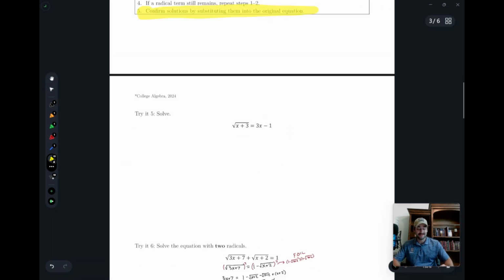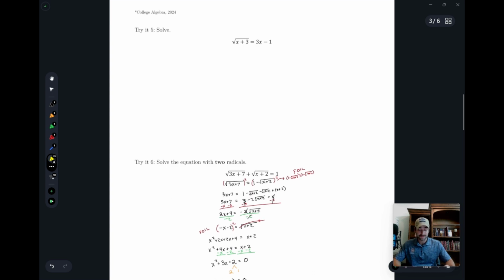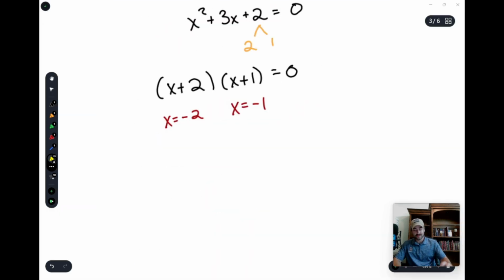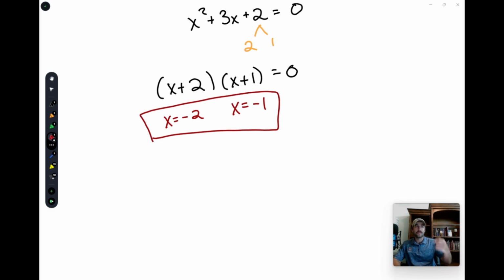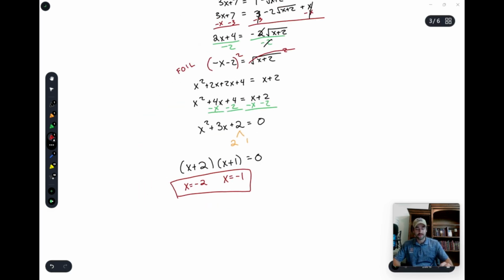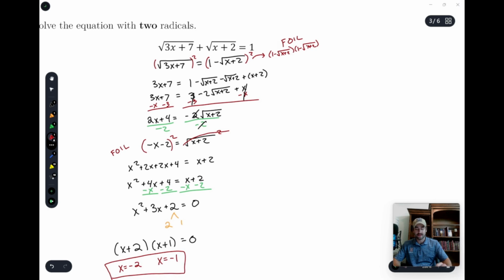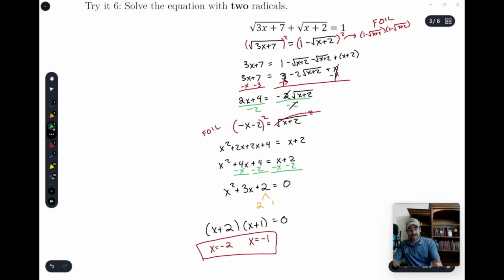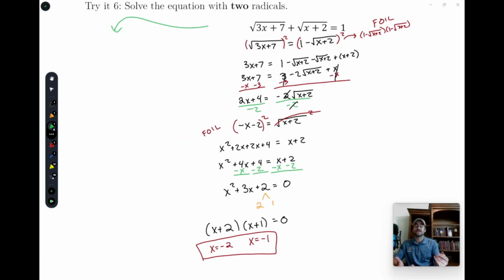And in that case, we cannot have that be a solution. And so, with this solution set of potentially -2 and -1, I'm going to go back to the original equation and plug in -2 and -1 and see what happens.